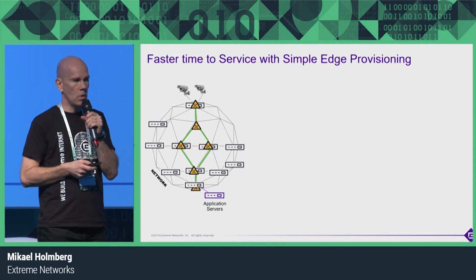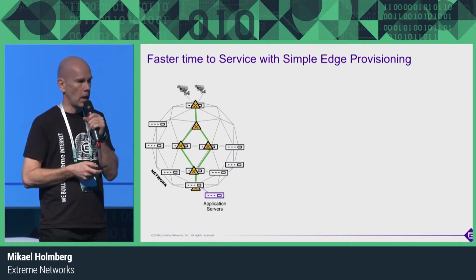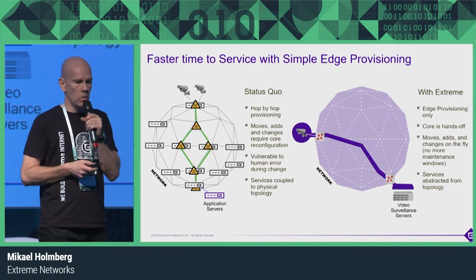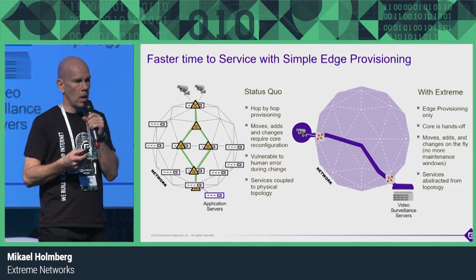With IP you can trace things, you can fetch things based on IP addresses, you need to deploy ACLs, things like that. Now, looking at this from a status quo point of view, with the IP-based fabric, you might need to provision things manually. It's hop by hop mainly, and so on and so forth.